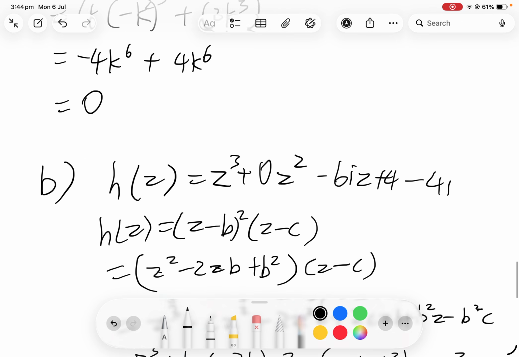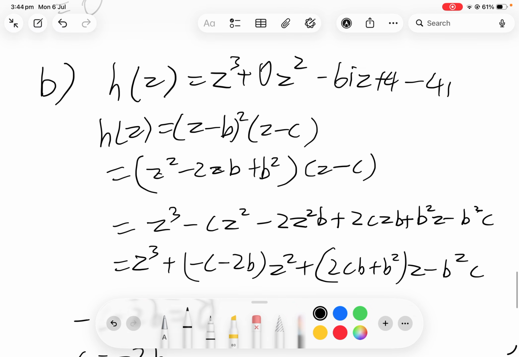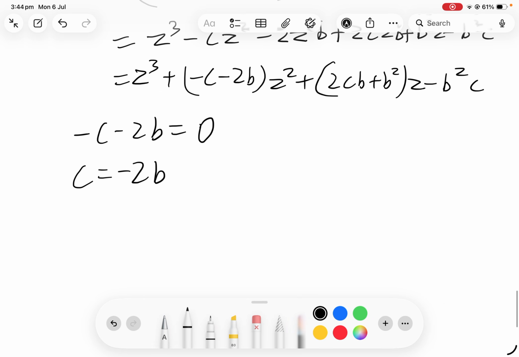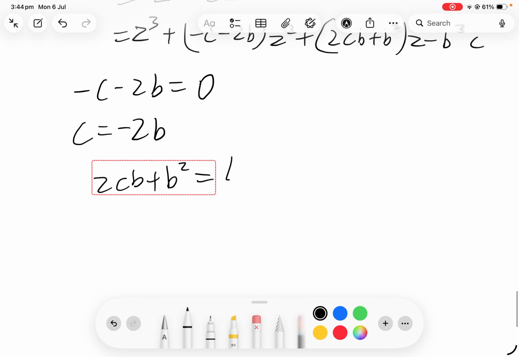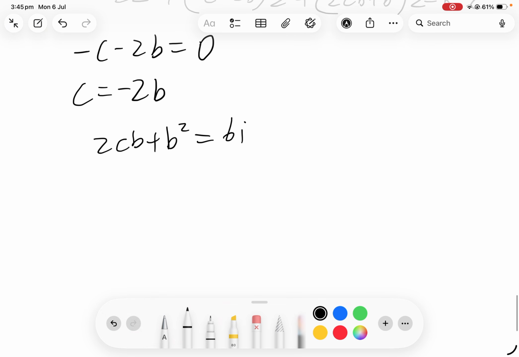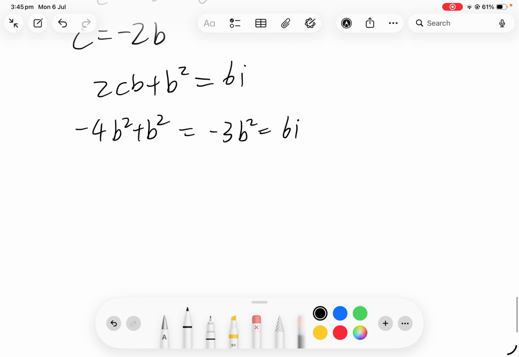And we do know that 2cb + b² equals −6i. We sub the c in, that becomes −4b² + b² equals −3b² equals −6i, and we can rearrange it, and that becomes b² equals 2i.